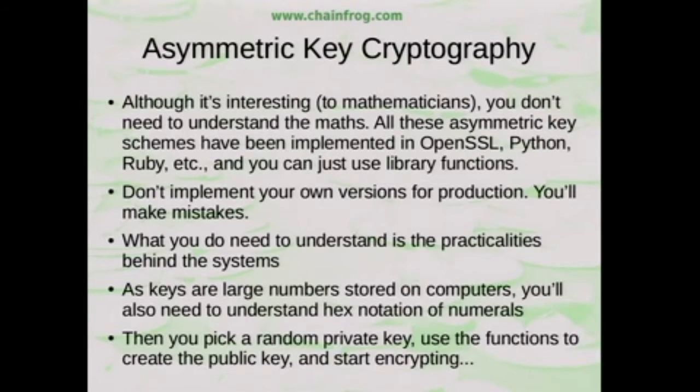One thing you must never do is implement your own version of this for a production environment, because it's really hard. You think you've got it working, and then there'll be some subtle bug you've made, and other people have made all these mistakes before you and fixed them over the last 20, 30 years, so rely on their work.